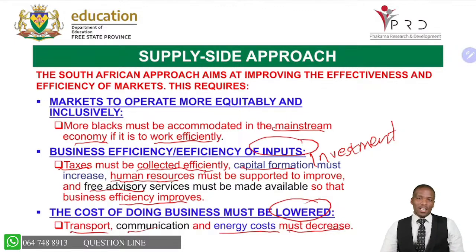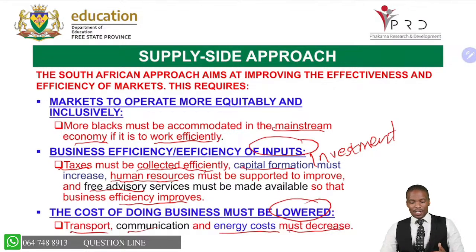When you come to communication now, communication is associated with anything such as your towers for communication network, such as your access to internet, such as your access to data and Wi-Fi. So if you look at South Africa, we always say that the cost of data is too high. So some businesses may not be able to operate efficiently because of that.